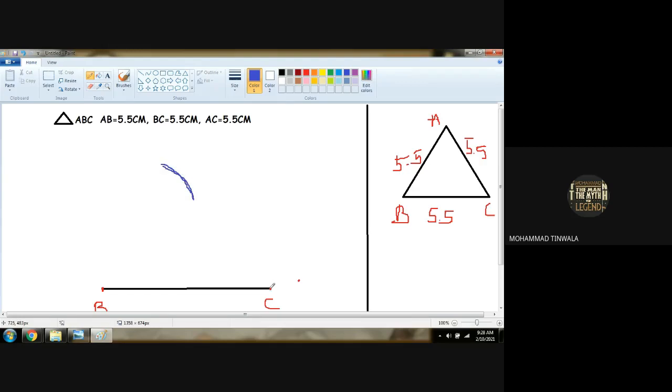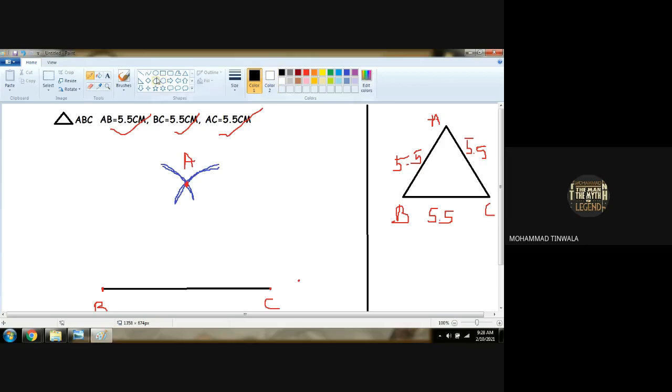With the same measurement, since it is the same 5.5 measure, draw an arc from point C like this. Got it? So you got this intersecting point, and that point should be point A.